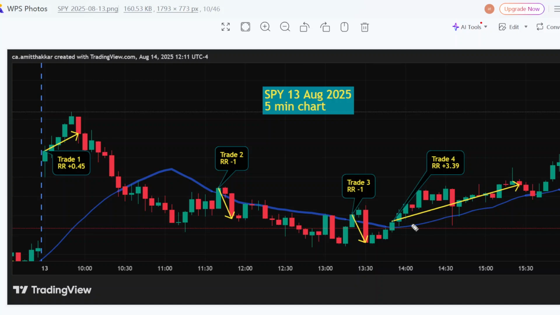For our good luck, we were able to get an entry here. Our stop loss was just below this small green candle, and we were able to ride the position till this candle.